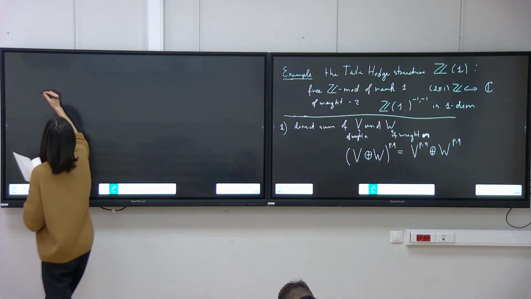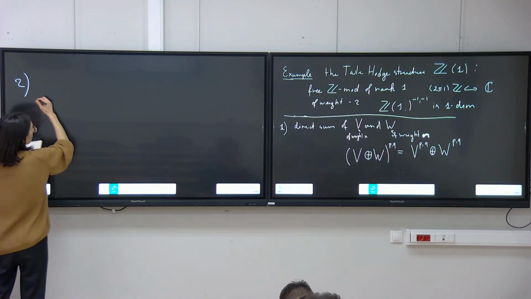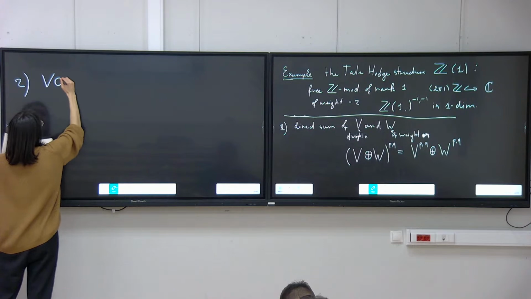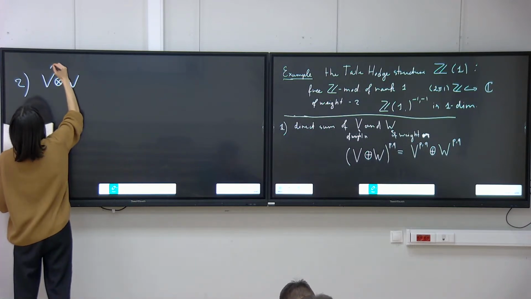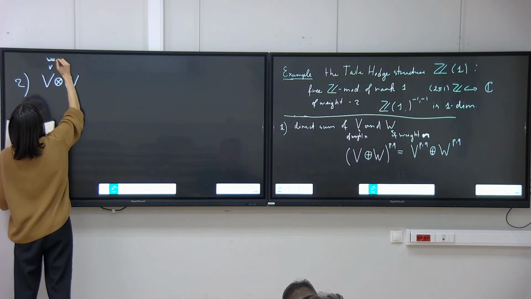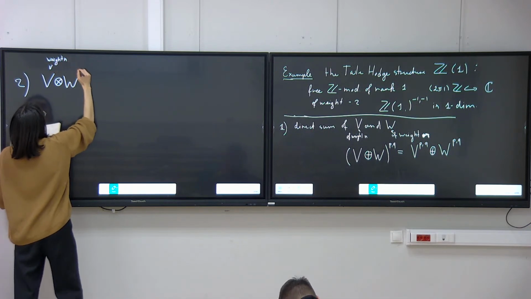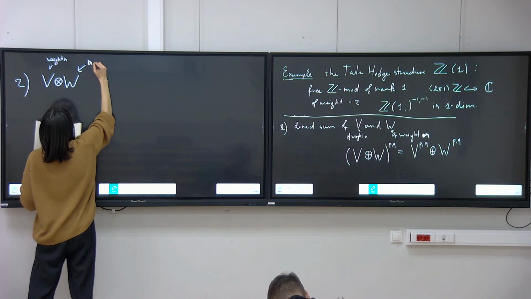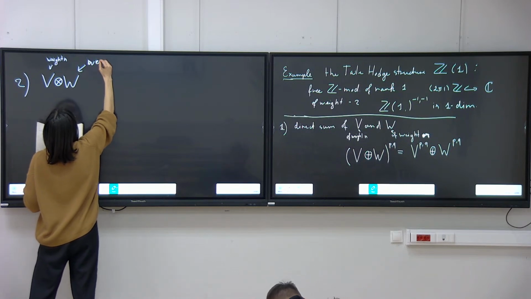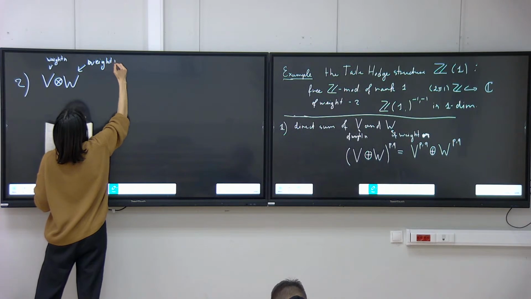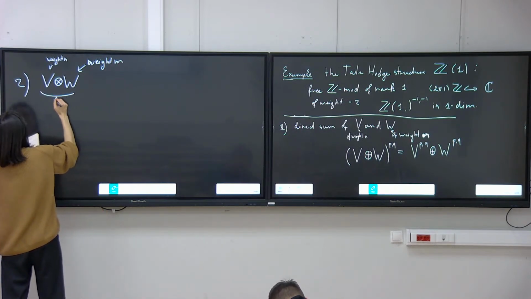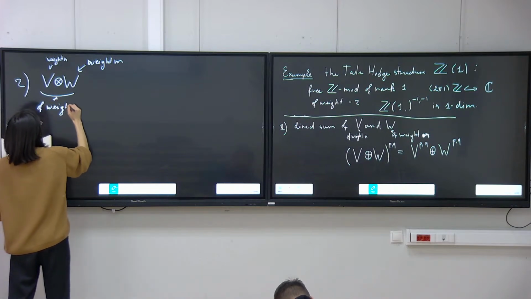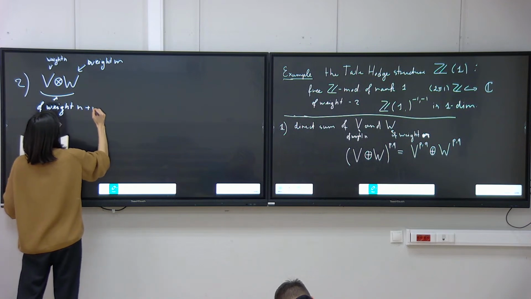Also, we can consider the tensor product of two Hodge structures. Here we can consider different weights: V of weight n and W of weight m, and the tensor product will be a Hodge structure of weight n plus m.